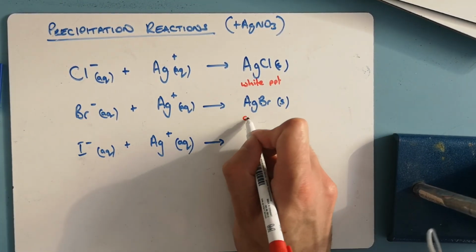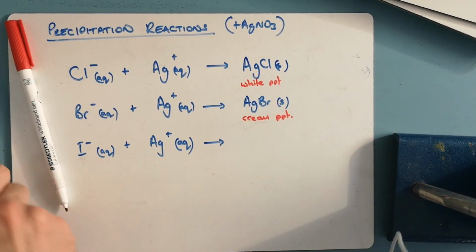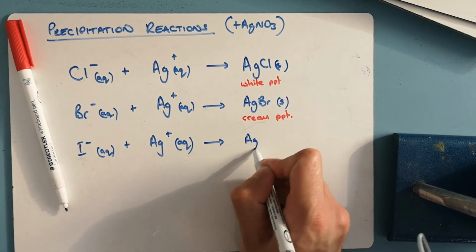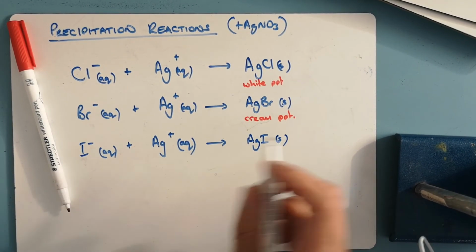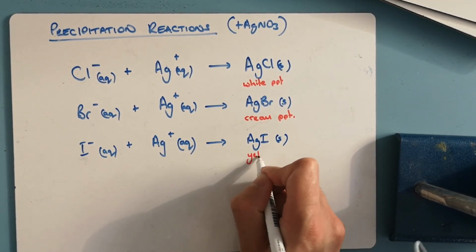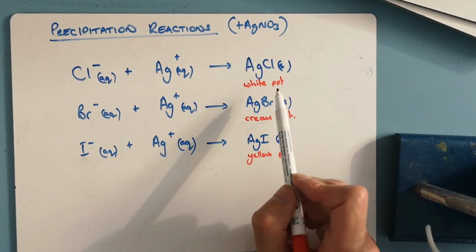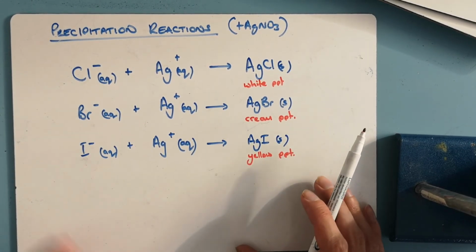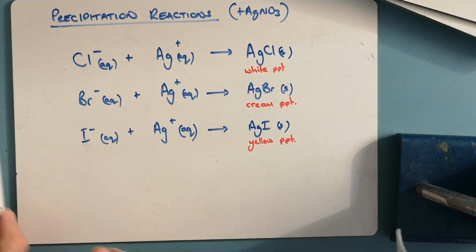This is a cream precipitate. And silver iodide is formed in the final one, which again is a solid precipitate, and this is a yellow precipitate. So it's often difficult to tell white, cream, and yellow apart. Maybe if you had chloride and iodide, you can spot the difference between them.